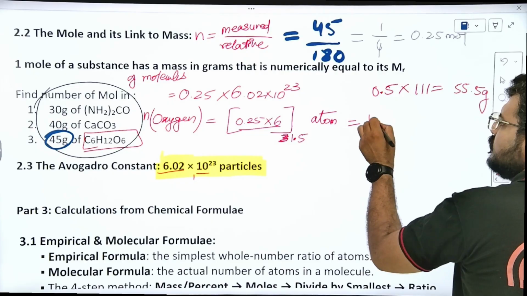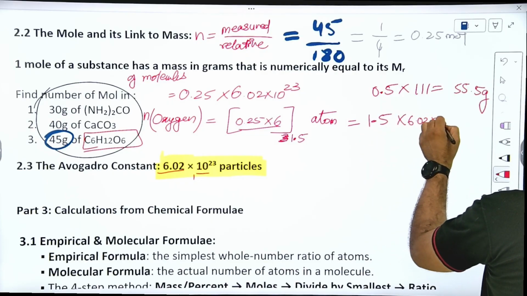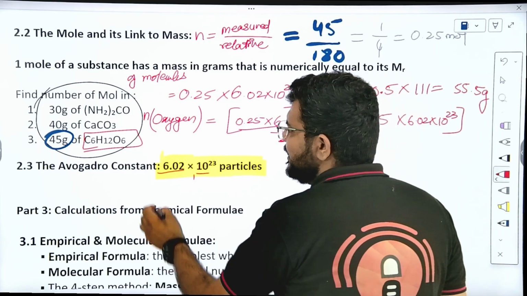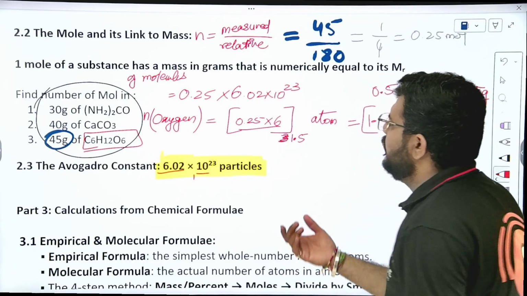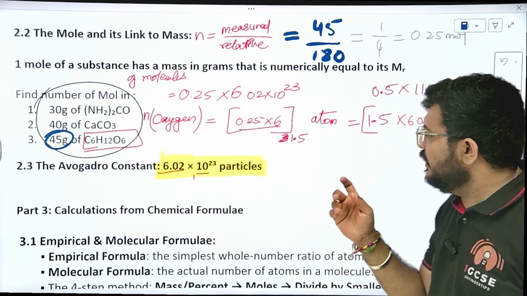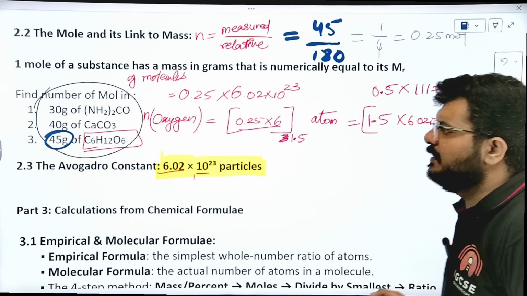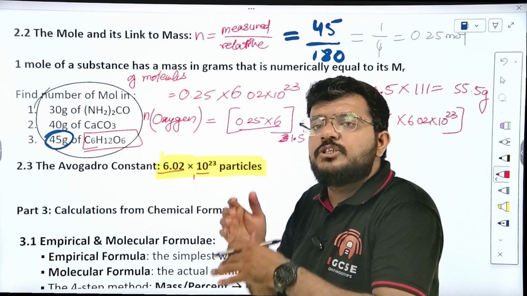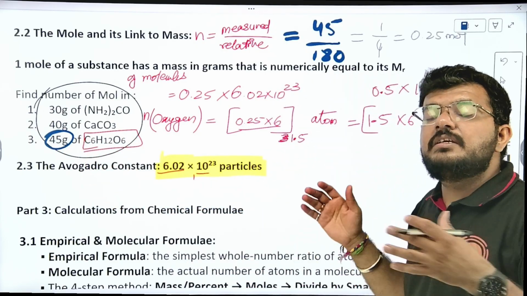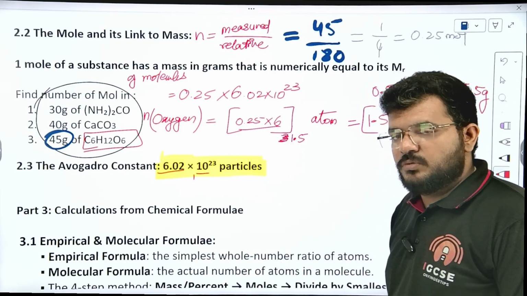So the number of atoms is 1.5 into 6.02 into 10 to the power 23. If I do the same thing for carbon, it will be the same. It will be 0.25 into 6 because there are 6 carbons, and the number of atoms will again be 1.5 into this. And it is obvious that if each unit contains an equal number of oxygen and carbon, then in these many molecules, the number of oxygen and carbon is going to be the same.